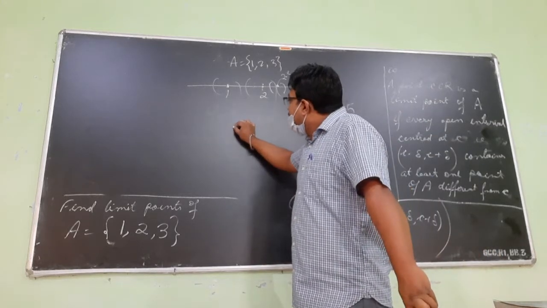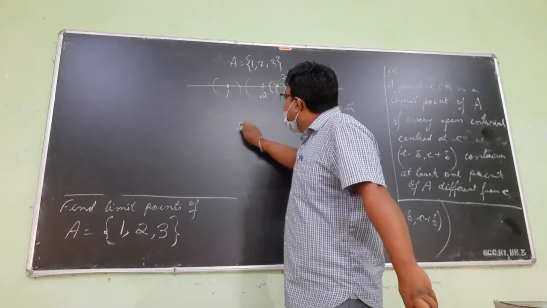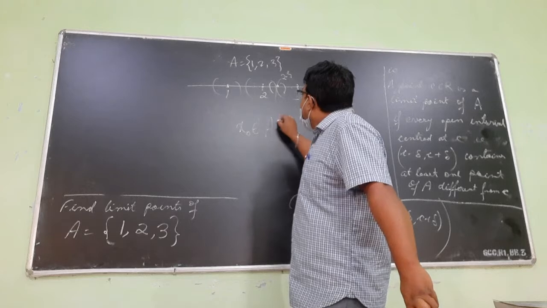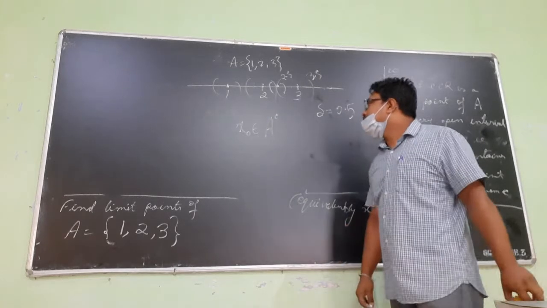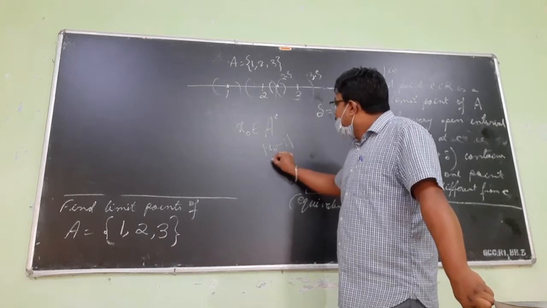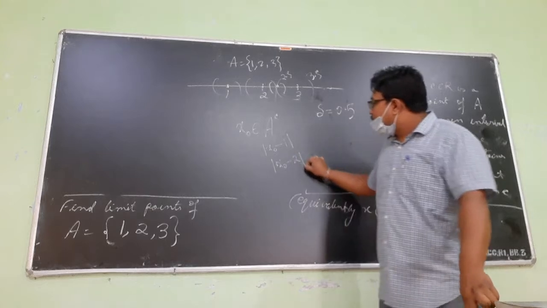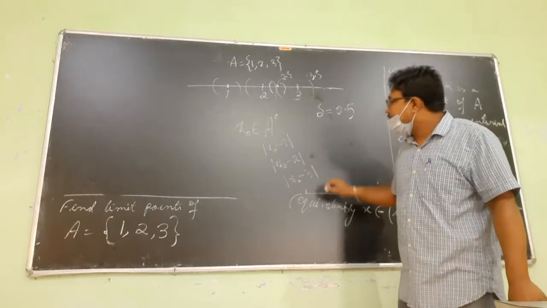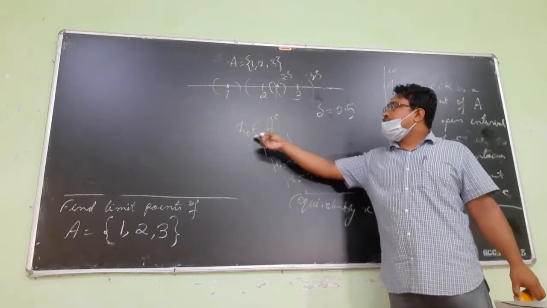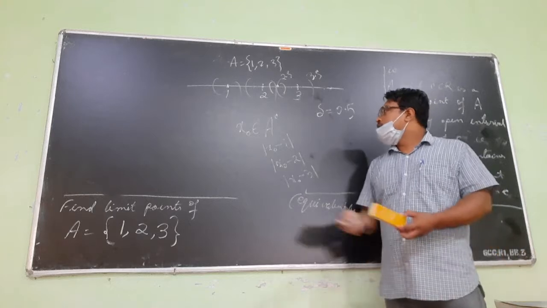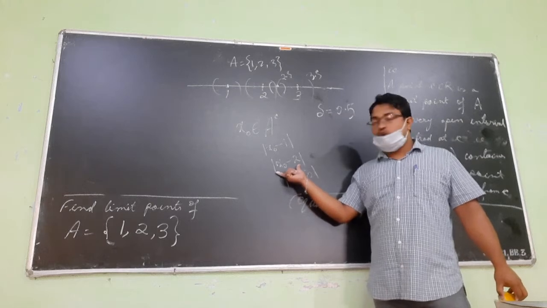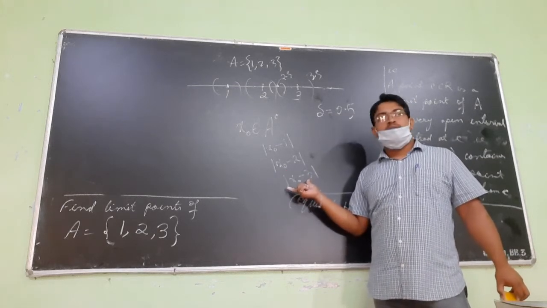In particular, if I take a point, say x0, inside A complement, that is R difference A, and I want to check whether this is a limit point or not, what I will do is measure the distance between x0 and 1, the distance between x0 and 2, and the distance between x0 and 3.